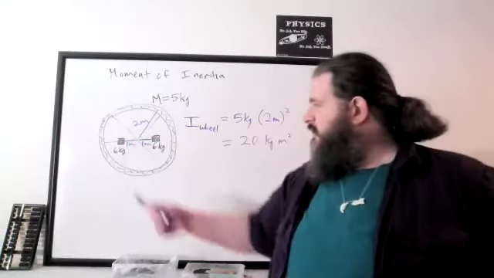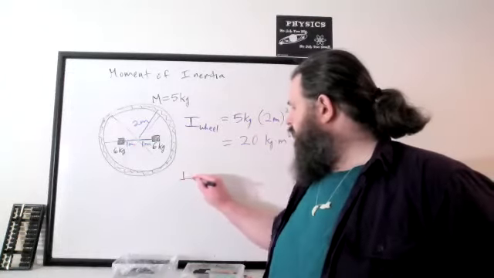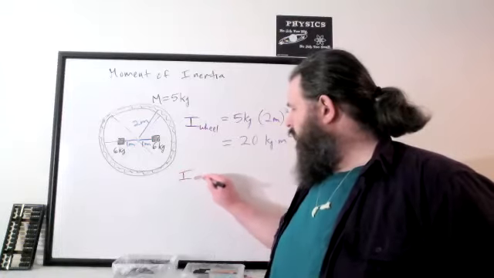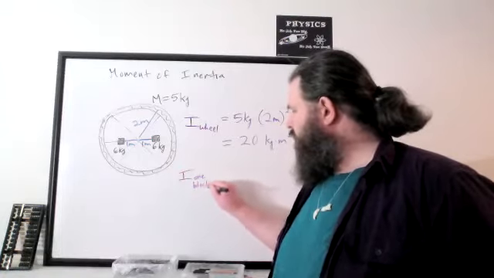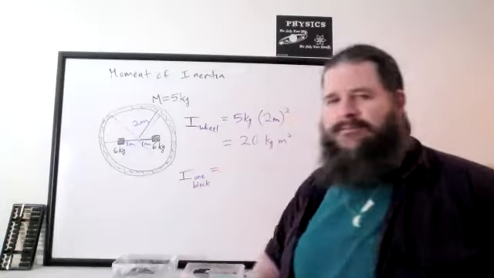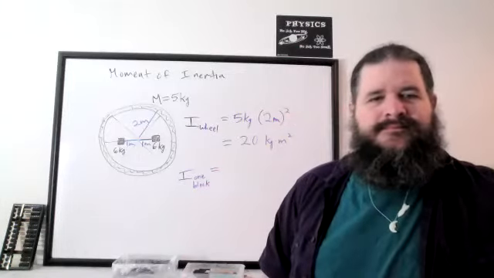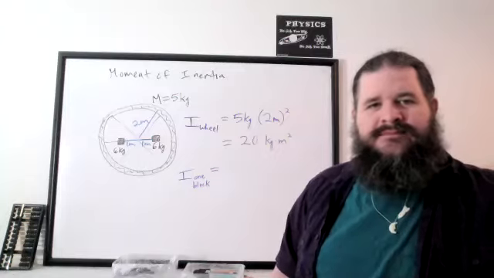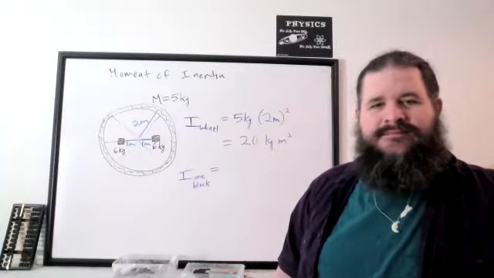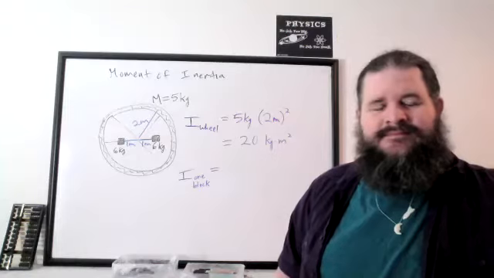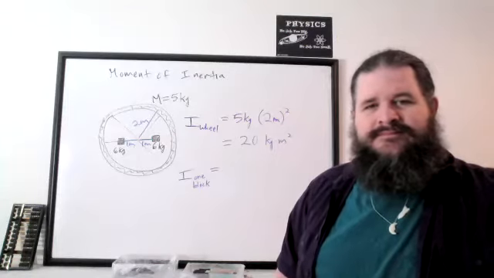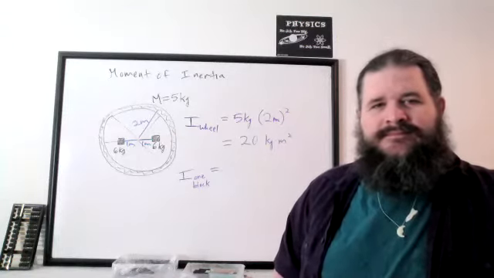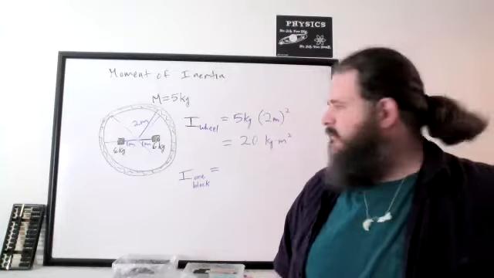But what about each of these blocks? How would we calculate the moment of inertia of one block? Can we use mr squared for those as well? That should work, right?